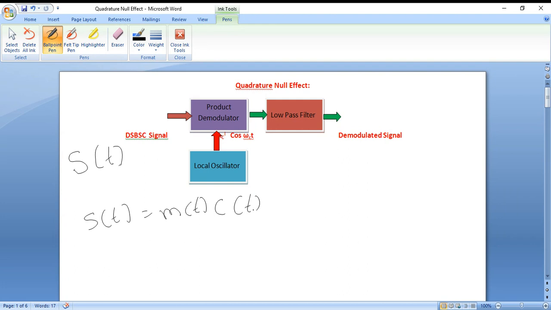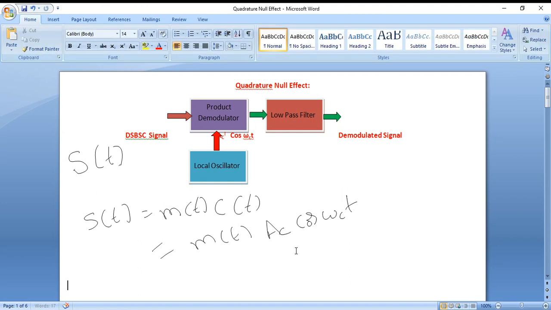This is the standard expression for the double sideband suppressed carrier AM signal, known to us. If I expand this, it is equal to m of t into Ac cos omega ct. Say we have received the DSBSC signal without phase error.